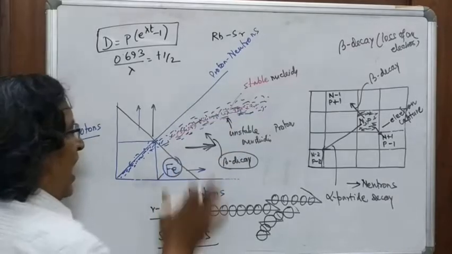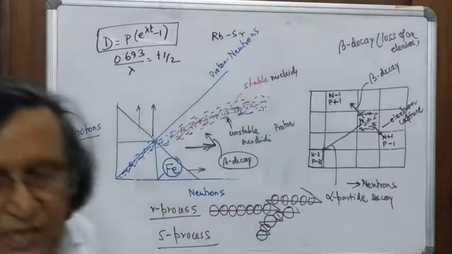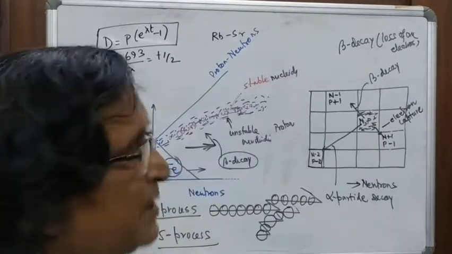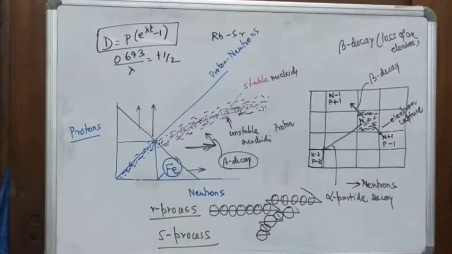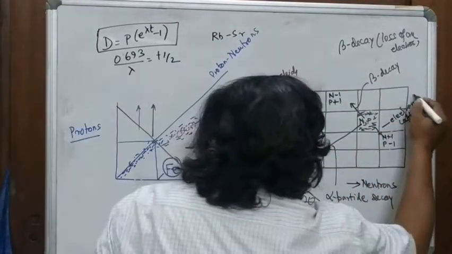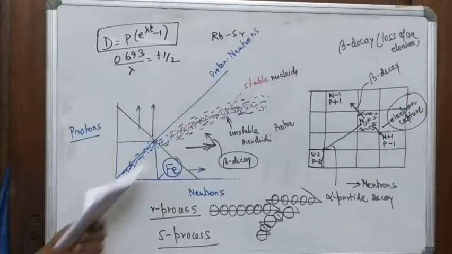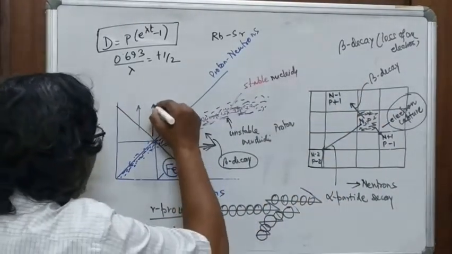So that is how neutron-rich radionuclides come to the zone of stability by beta decay. And you can see here very well from the diagram now that electron capture would be adequate to bring proton-heavy nuclides into the zone of stability, because that vector is this way.